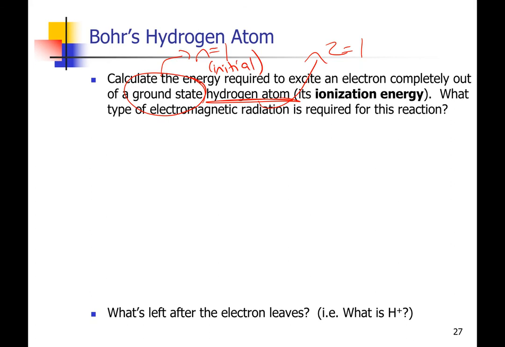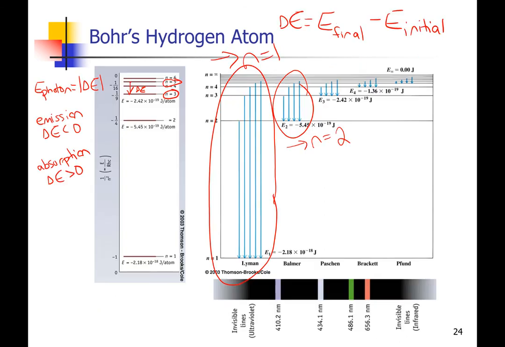Well, our final energy level here is completely out of the atom. So where's that on our picture? Well, this time we're not calculating n equals 5 to n equals 6. This time our starting point is n equals 1, and our ending point is not in the atom anymore.